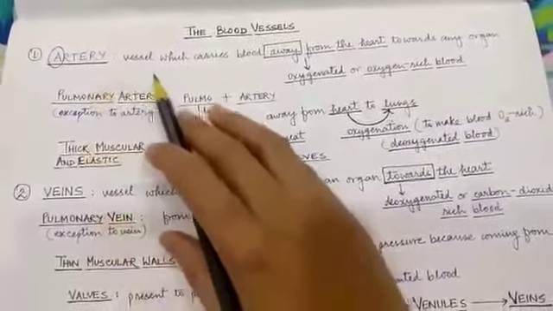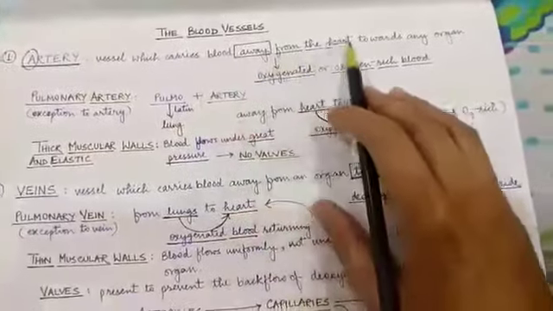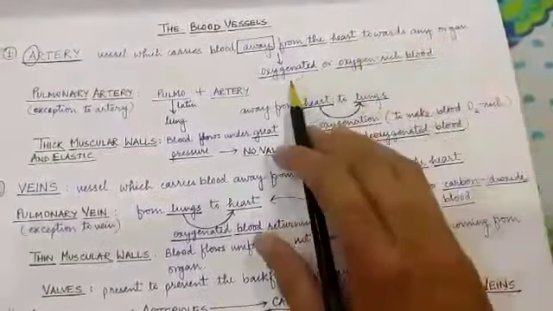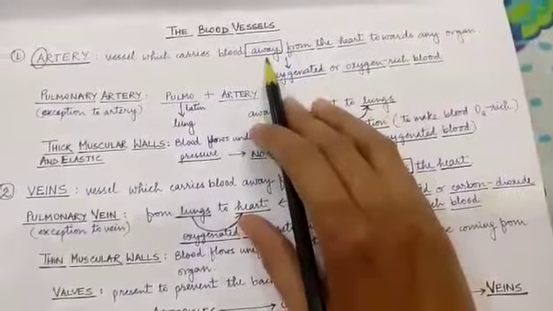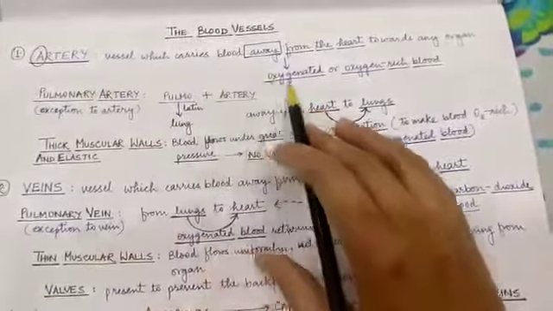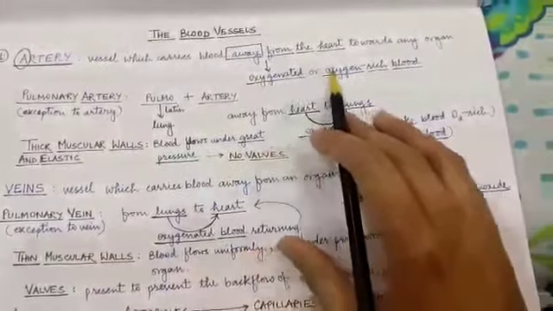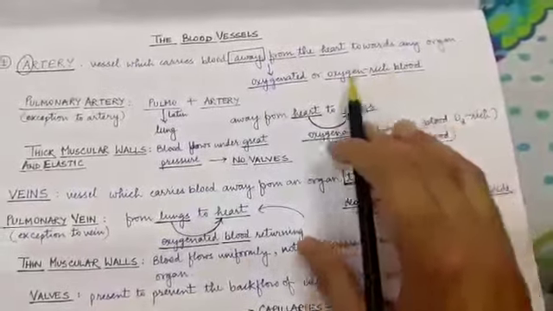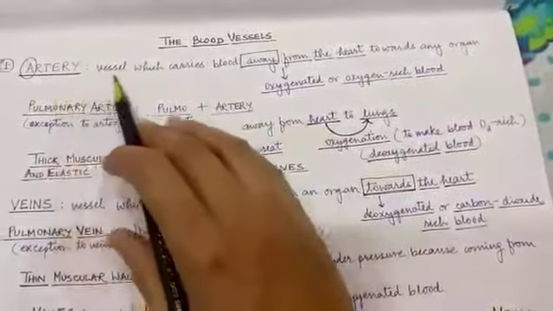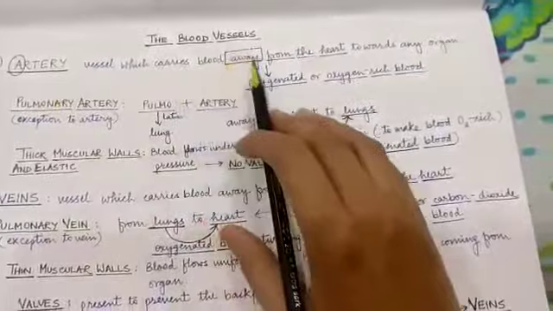Artery: a vessel which carries blood away from the heart towards any organ. Right? So the keyword here is away. Now I understand in most of the books it is defined as the vessel that carries oxygenated or oxygen rich blood. Right? But I want you to refer to this above definition. That means artery is the vessel which carries blood away from the heart.